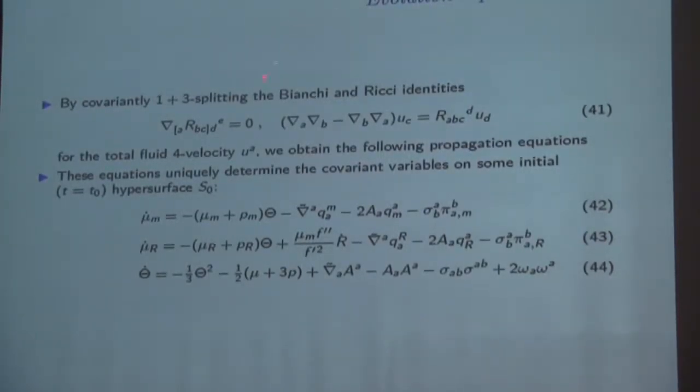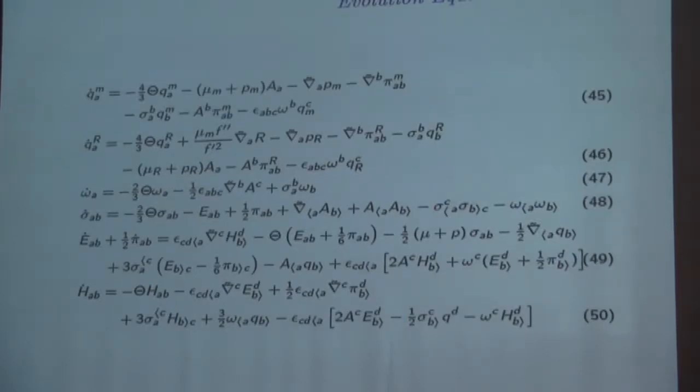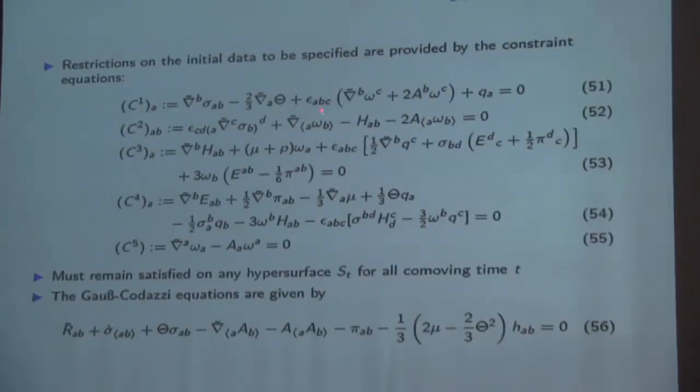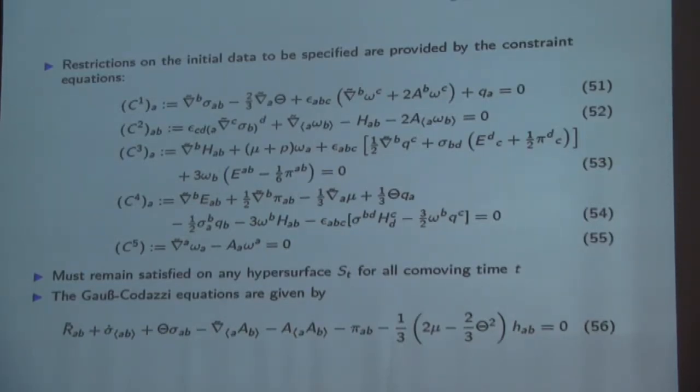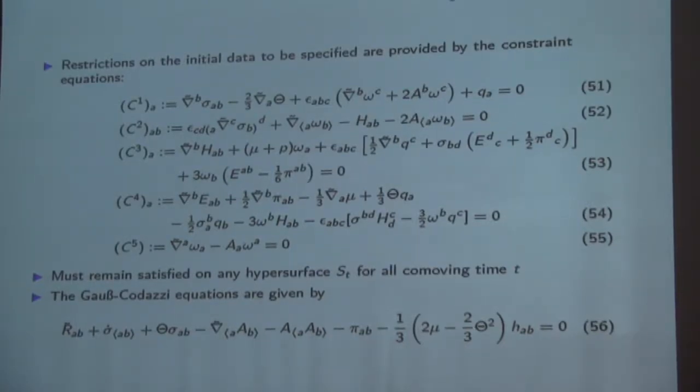If we split the Bianchi and Ricci identities using the 1+3 decomposition, we can get the so-called evolution equations, which uniquely determine the covariant variables on some spatial hypersurface at a given particular time, t0, for example. And we have the constraint equations that must be satisfied for the thermodynamical quantities to remain satisfied at all times.